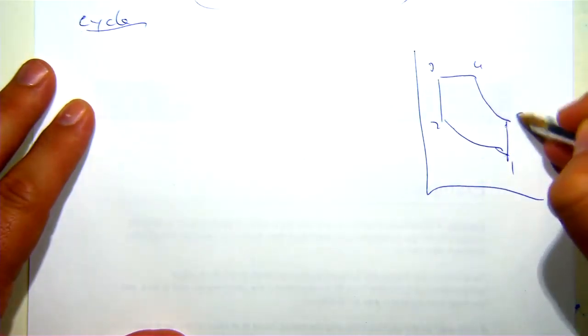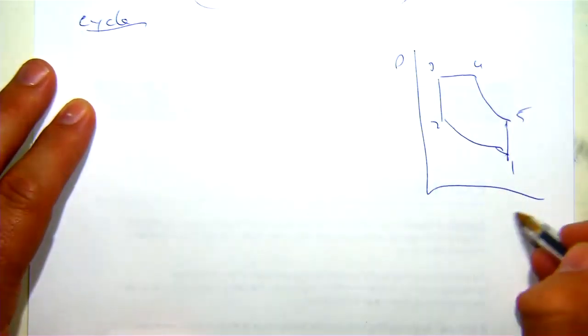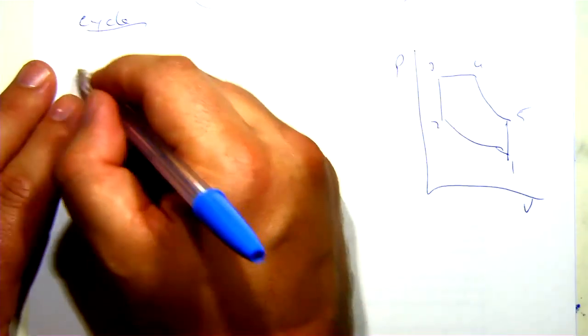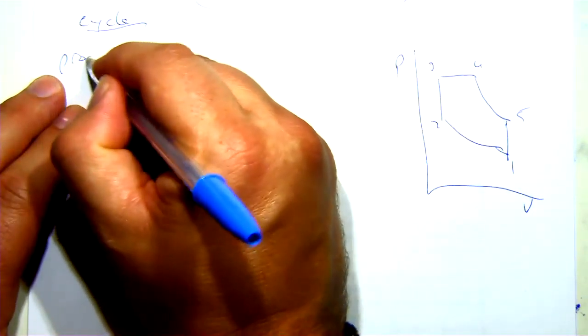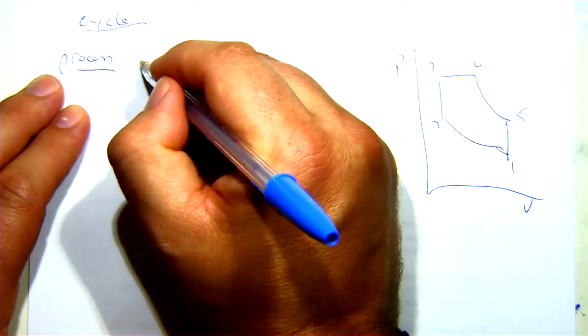Here, I'm just going to sketch the graph again so we keep track during this working. 1, 2, 3, 4, 5. P, V. Let's go. Process. By now, this mapping of the process should start to look familiar.